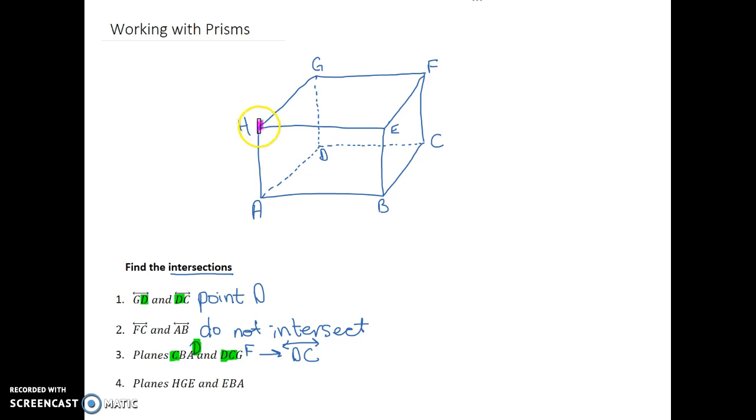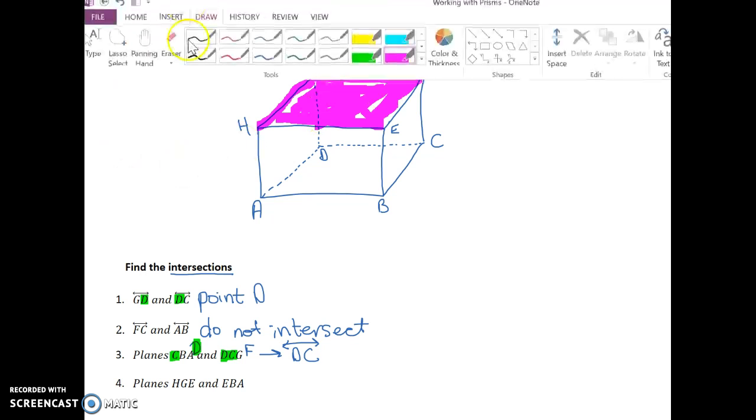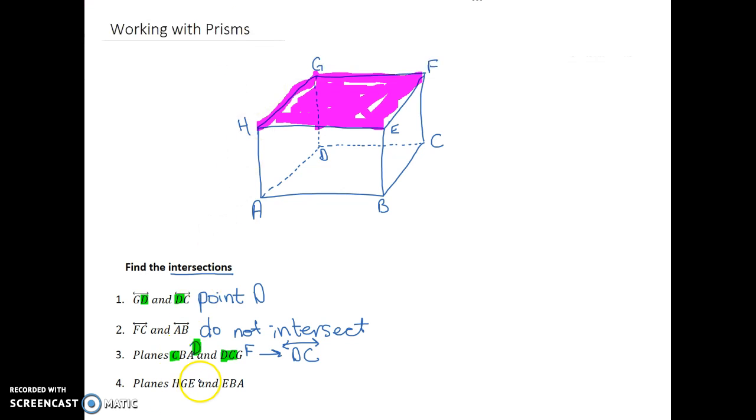All right, so H, G to E. Well, that's this top plane. So the other point that I am missing is point F, because you see F is also on this plane, on the top plane.